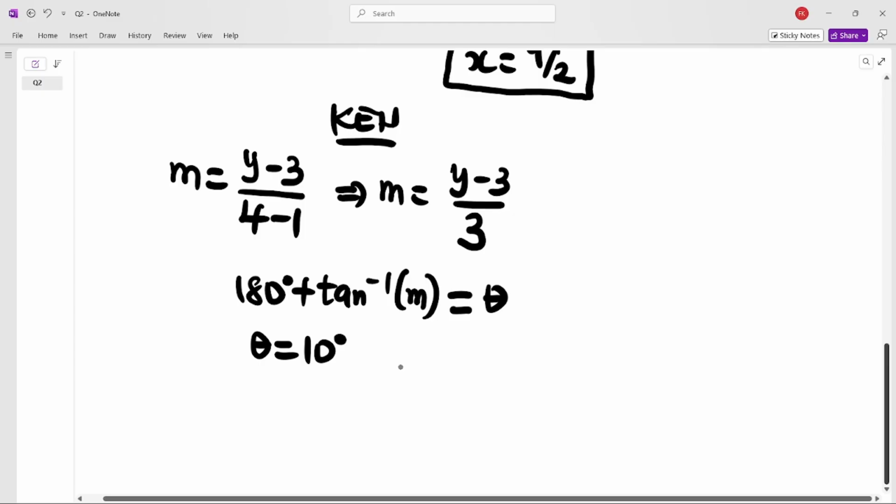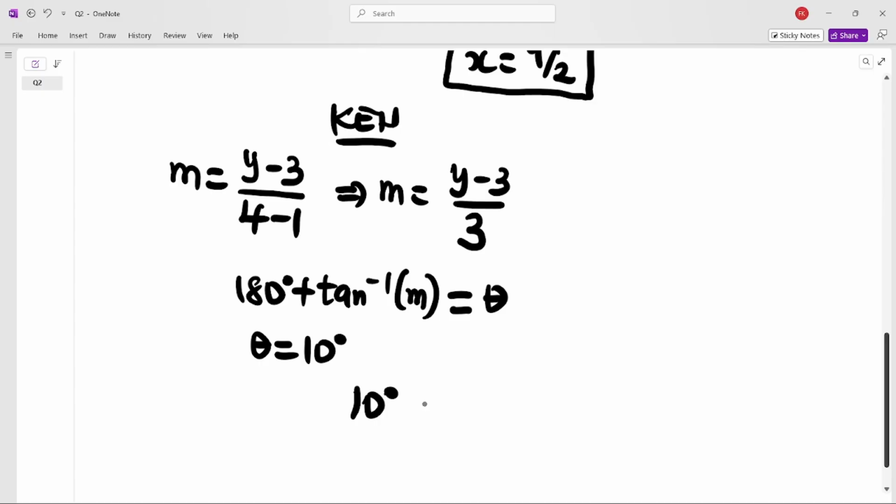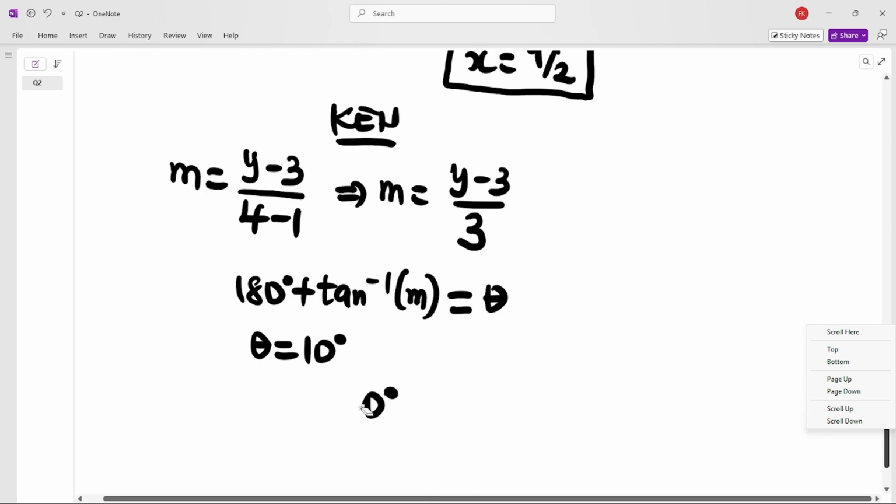So we have 10 degrees is equal to, sorry, sir, I made a mistake. The formula I used was rather the first one.